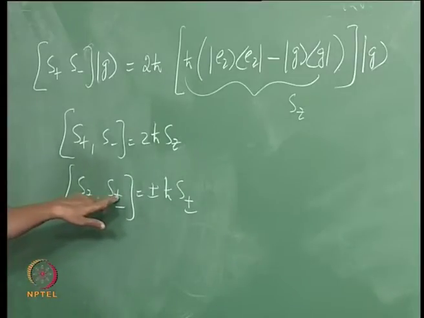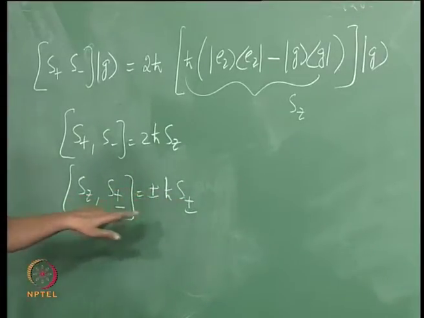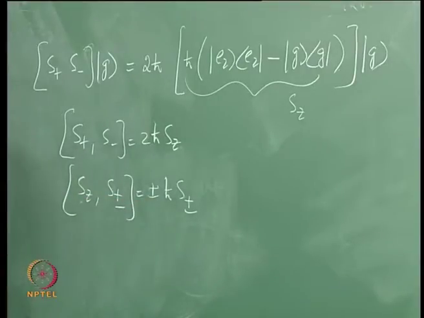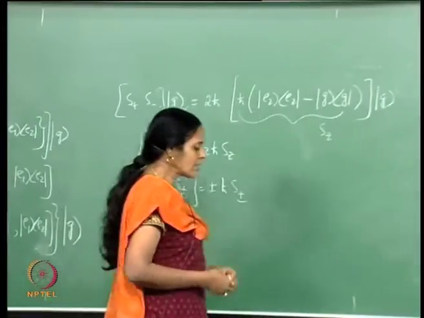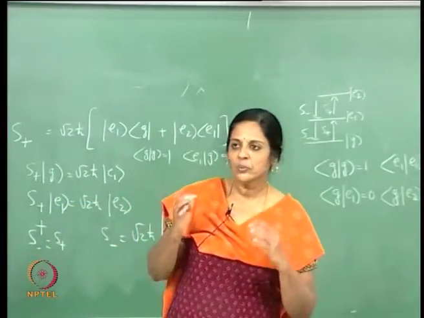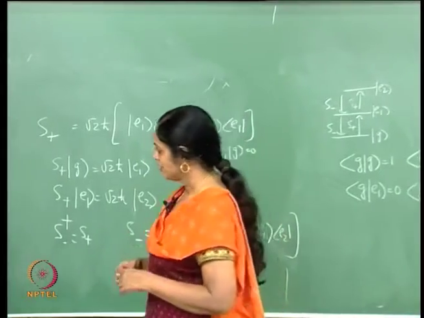So Sz with S plus is plus ℏ S plus, Sz with S minus is minus ℏ S minus. Now, this is the same algebra that we saw when we worked with the 2-level atom.